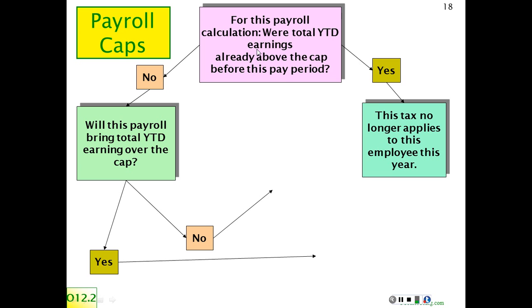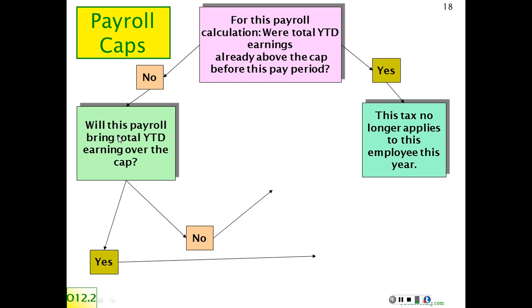But if the answer is no, we look at year-to-date, it's still under the cap, like the cap now is 113. Let's say your year-to-date was 50,000. Well, no, you're not over the cap yet. So the answer was no. So then you ask the question, will I get over the cap with this payroll? Let's say your payroll is $5,000. You're at $50,000.